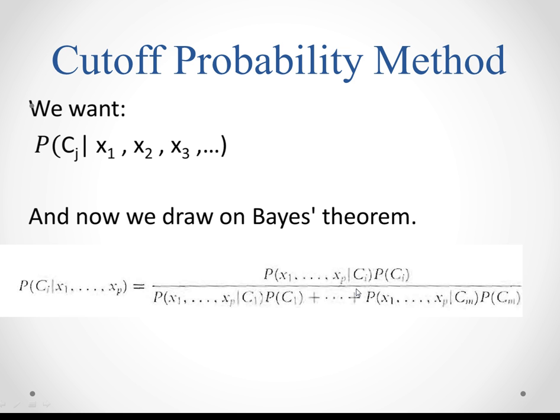Now, if these are independent, then how can I rewrite this? Like this, right? It equals the probability of A times the probability of B. Or we could go back here and say it equals the probability of x1 times the probability of x2, if they're independent.